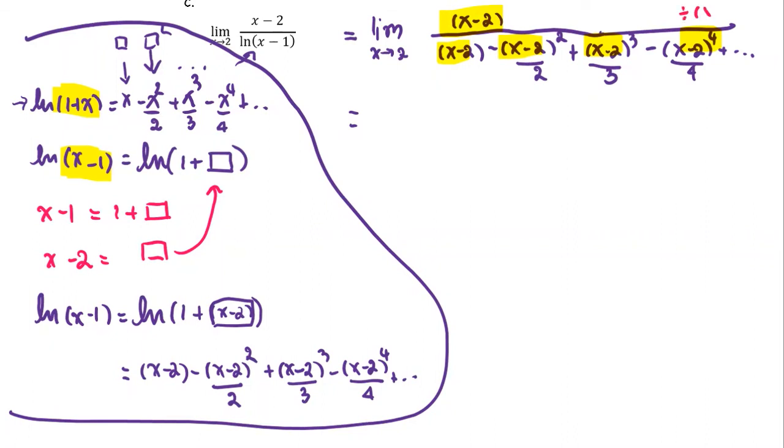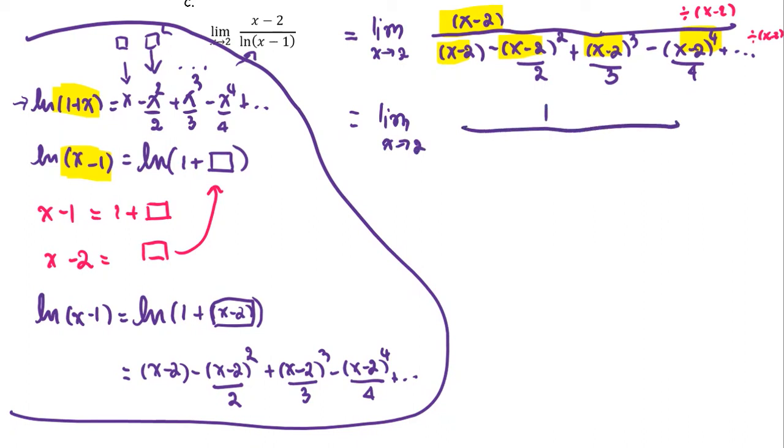So divide both numerator and denominator by x minus 2 to obtain the limit as x approaches 2 of 1 divided by 1 minus the next term, where the power of x minus 2 is reduced to 1 and then divided by 2, and similarly for the rest of them.